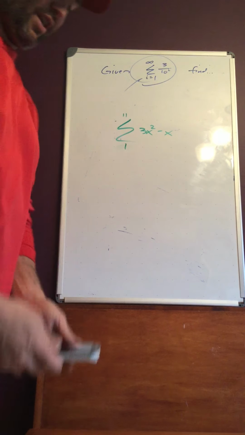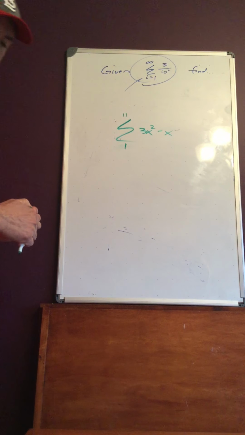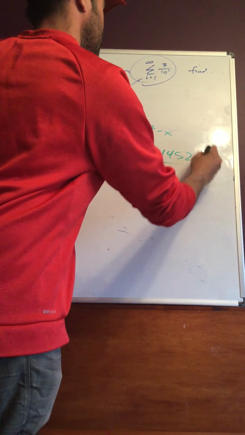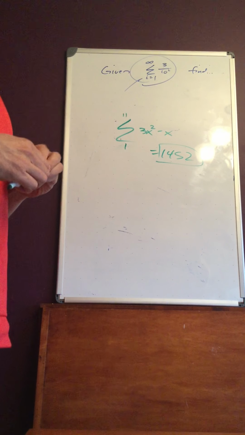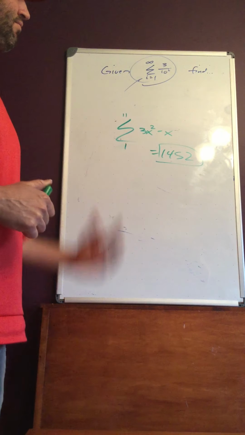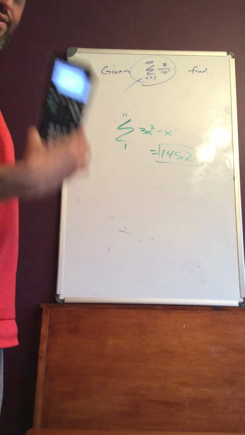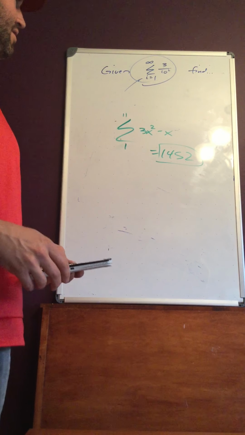Just hit enter, and hopefully you got 1,452. You're gonna have to do a little bit of both, with and without the calculator, on series, using summation notation, but knowing how to do it in the calculator is pretty easy math, and just scroll down until you see summation.